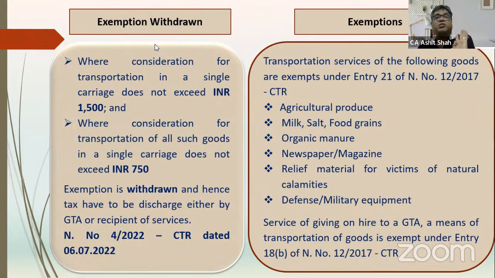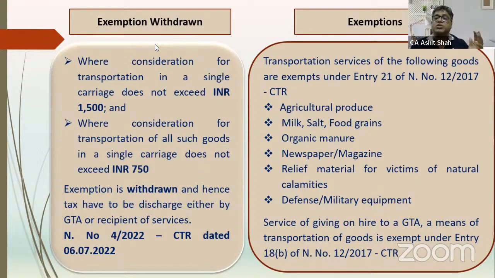Number one, agricultural produce, milk, salt or food grains, organic manure, newspaper and magazine, relief material for victims of natural calamities, and defense or military equipment. So if you are transporting all these goods, then there is no GST on these transportation services. That means it is exempt. So neither the transporter will levy the tax under FCM, nor under RCM does the recipient have to pay the tax.